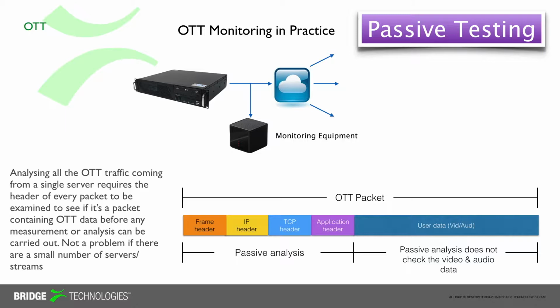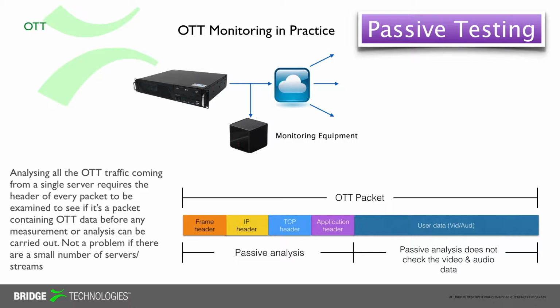If there are a small number of streams and a small number of, say, VOD servers or an origin server, then that in itself is not too much of a problem, because the hardware is more than capable of analysing this sort of volume of data.